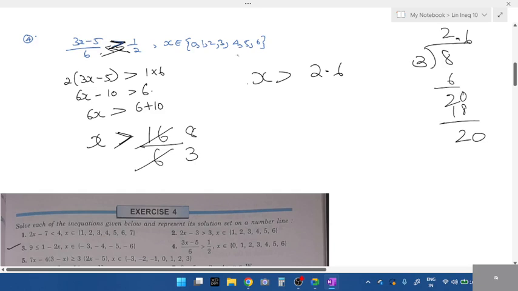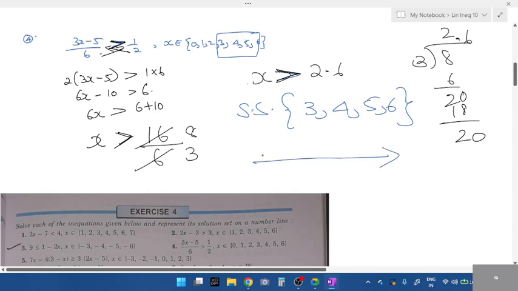It goes on. So which side is the arrow facing towards, students? Left or right? Right-hand side after 2.6, which means you shouldn't take 2. Which number do you have to take? 3. So the solution set is 3, 4, 5, 6. Whatever values they've given, write from those: 3, 4, 5, 6. Draw a number line.